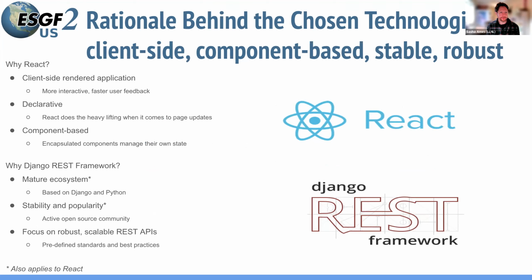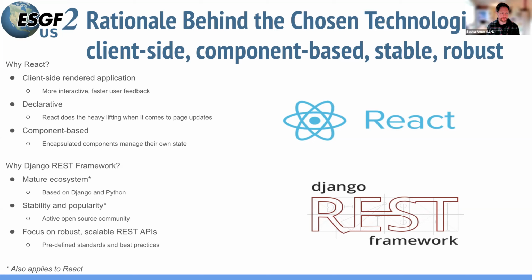It's declarative, so React will do the heavy lifting for page updates. The other approach is having the Python backend serve the pages, and we have encapsulated components to manage each state. But we still use Django for a backend, providing a REST framework.